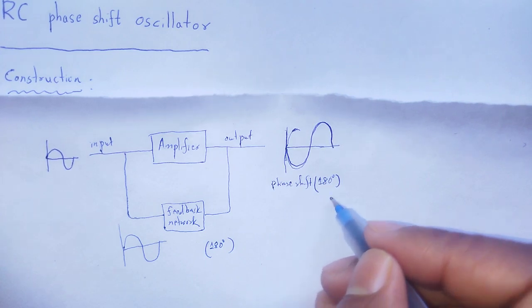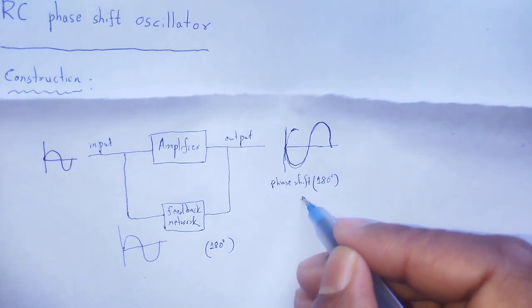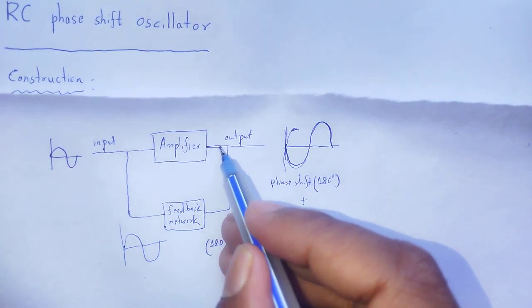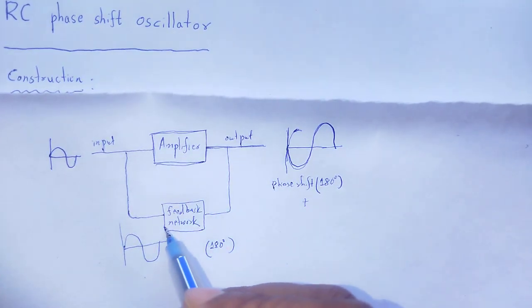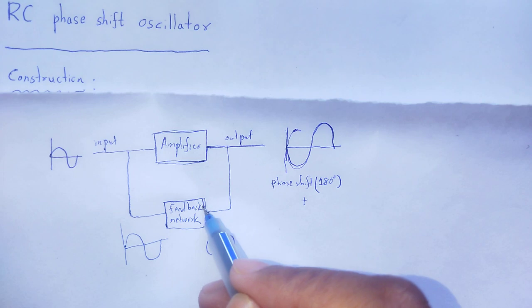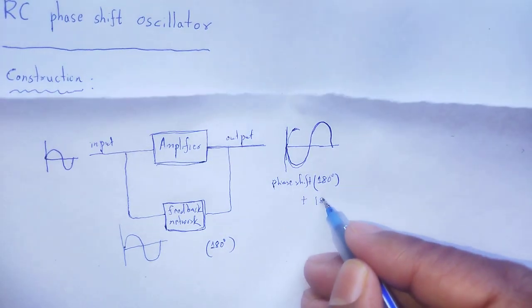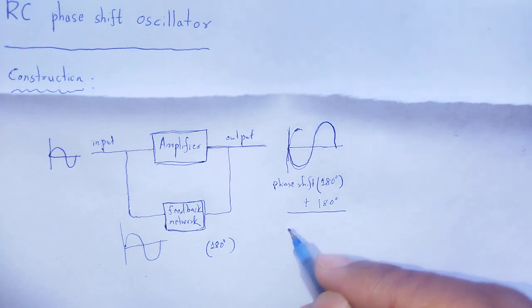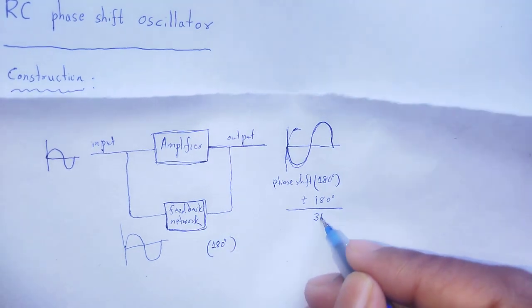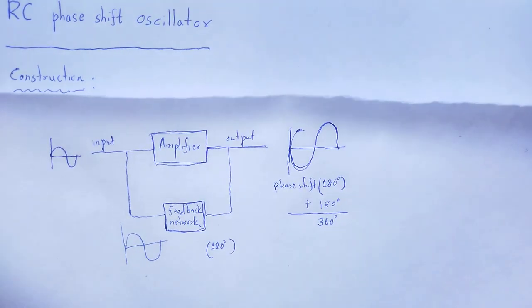As a result, the phase shift due to the amplifier is 180° and the phase shift due to the feedback network is 180°. The total phase shift throughout the loop will be 360°.